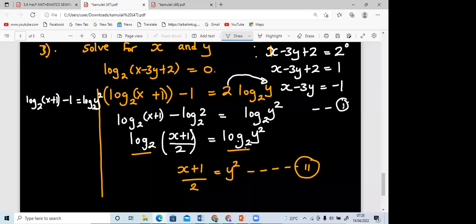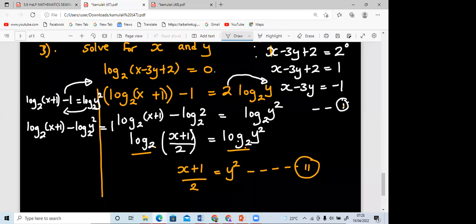Is that step fine? Then what I can do is have this -1 come over this side, and have this one come this side. So I can say log 2 of (x plus 1) minus log 2 of y squared is equal to 1.